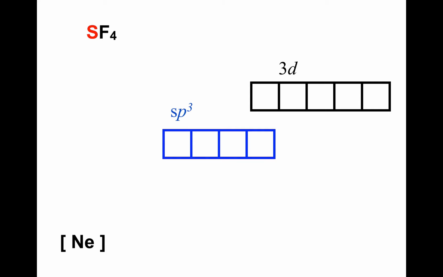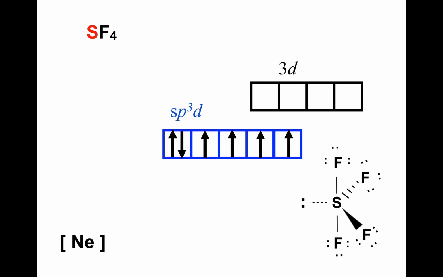So when you need 5 bonding positions around the central atom, you're going to break the octet rule. You need to start hybridizing d orbitals to justify this. So there's sp3d hybridization, which is when I have a trigonal bipyramidal geometry of all the electron domains, and then there would be sp3d2 if I needed 12 electrons around the central atom, 6 bonding positions.